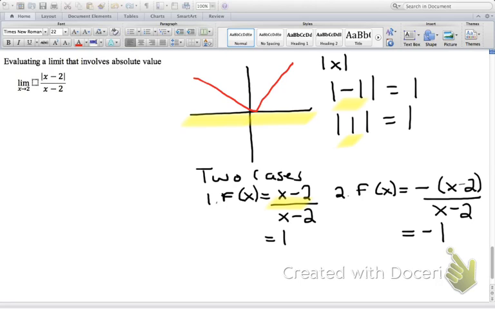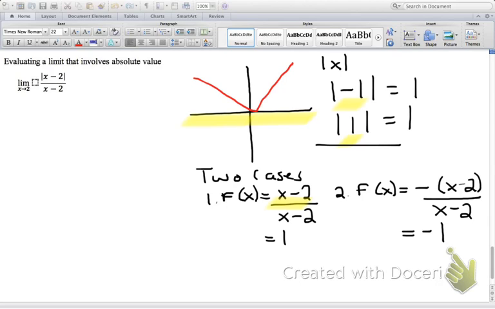So you notice again from our graph that when our value is negative 1, that is when everything is negative, so less than 0. And when our function is positive 1, we have that our whole function is greater than 0.